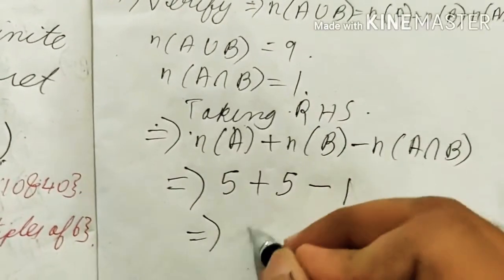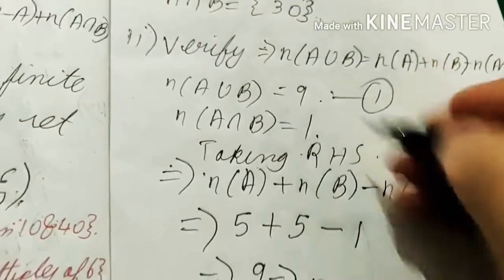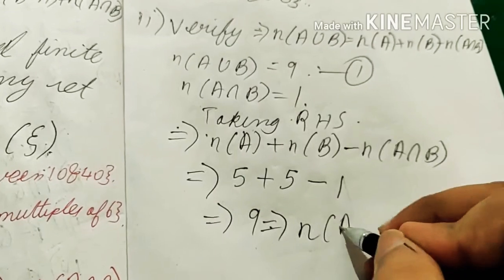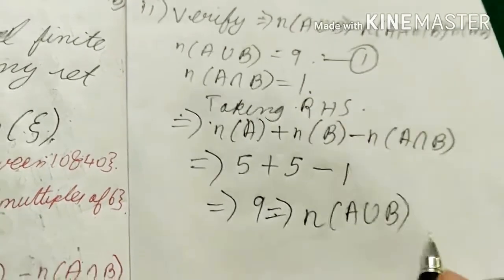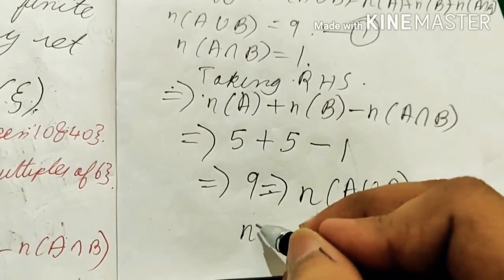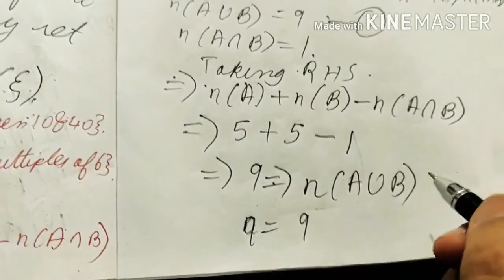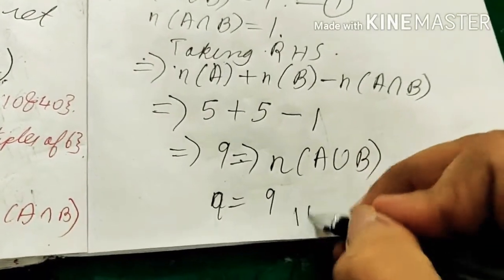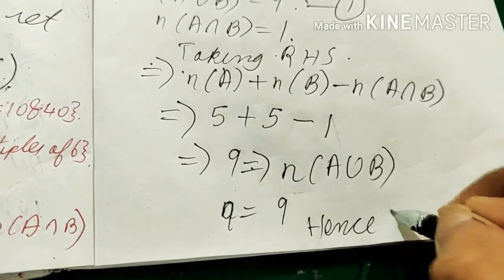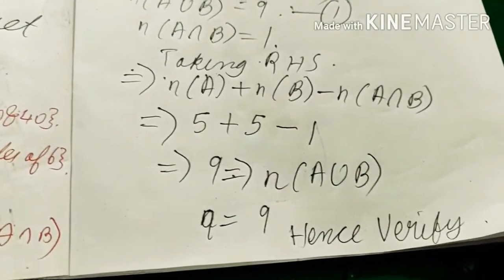So this is equal to 9. This was equal to n of A union B. So we can see that n of A union B was equal to 9, equals 9. Both were equal. Hence, verified. So this is true.